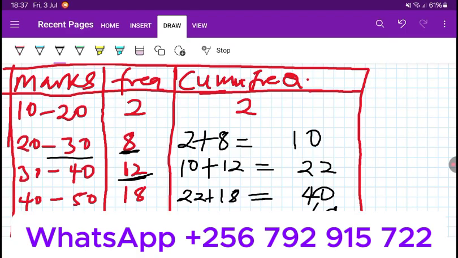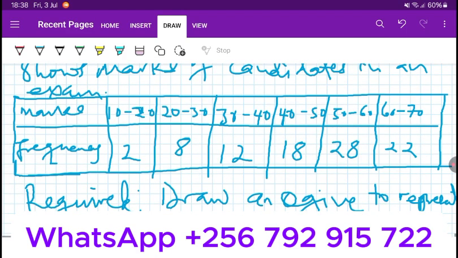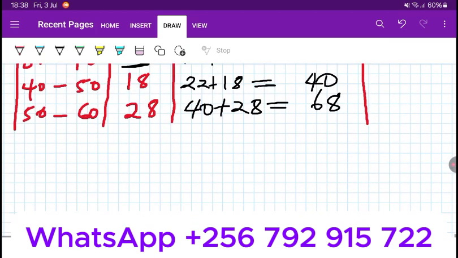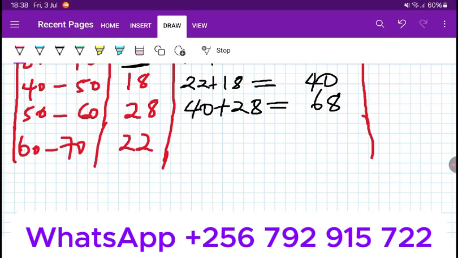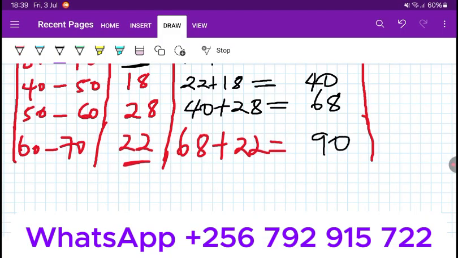Then of course we look at the last class. Let's check the question. Our classes were stopping at 60 to 70, and the frequency was 22. So the cumulative frequency for this last one is 68 plus 22, and that will give you a 90.